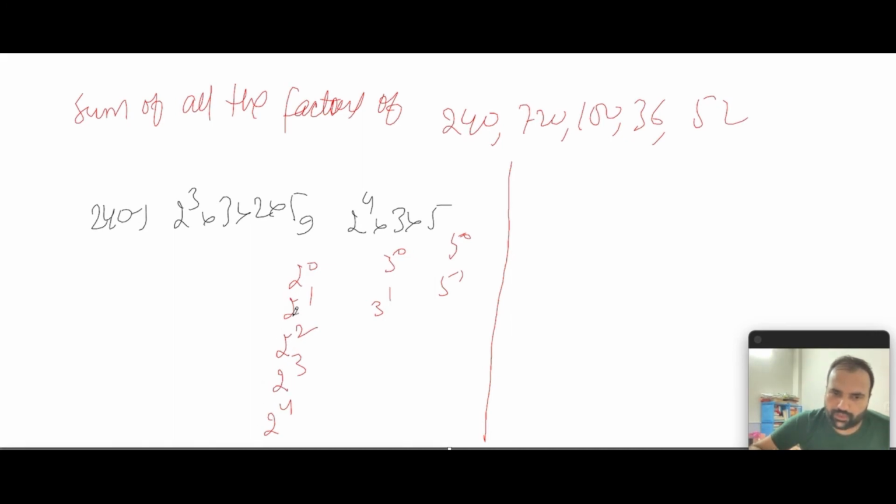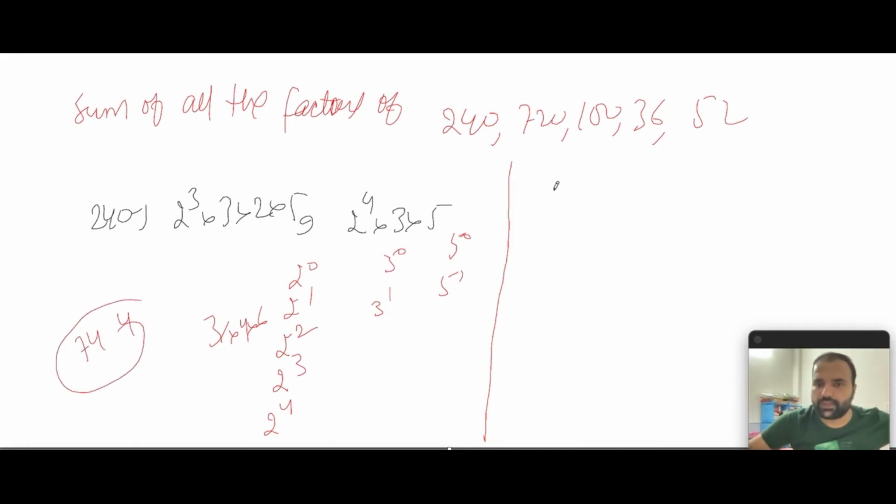So 16, 8 is 24, 4 is 28, plus 2 is 30, plus 1 is 31. Over here you have 3 plus 1 is 4, and you have over here 6. So what do we get? 6 times 4 is 24, and 24 times 31 is 744.